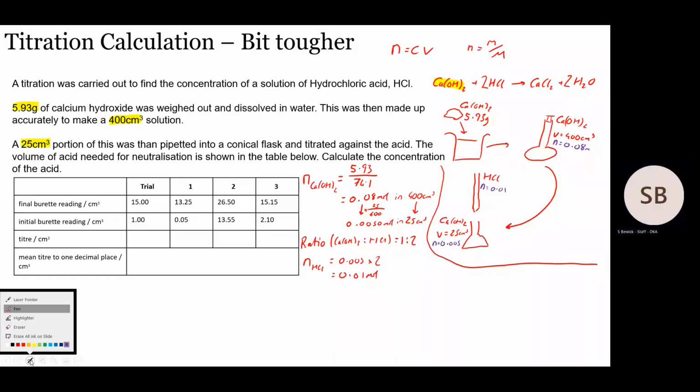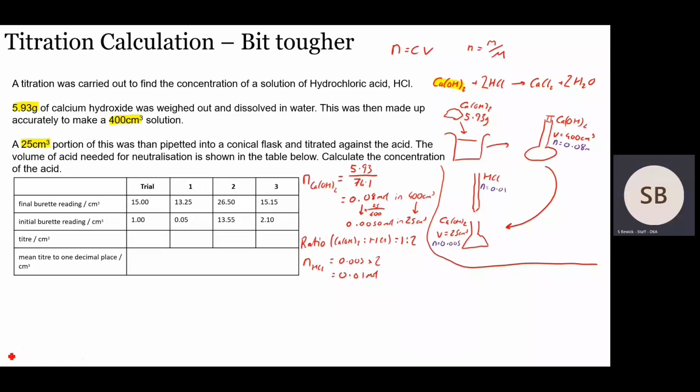So we've now got our first bit of information about the hydrochloric acid. The concentration is number of moles divided by volume. We don't know the volume, but hang on a second. Yes, we do, because we've got this table of results. So whenever you're doing a titration, you always record your results in a table that looks like this, with initial reading, final reading, and you can calculate the titer.